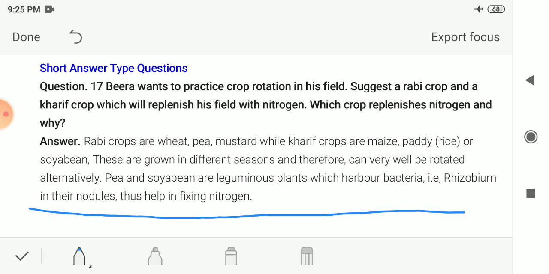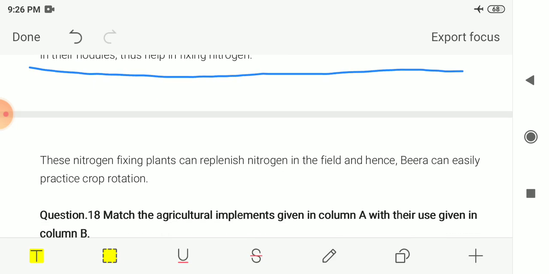And pea from the rabi crops and soya bean from the kharif crops are leguminous plants, which harbor bacteria, that is rhizobium, in their root nodules, and this helps in the fixing of nitrogen. So these nitrogen fixing plants can replenish nitrogen in the field, and hence Bira can easily practice this crop rotation.